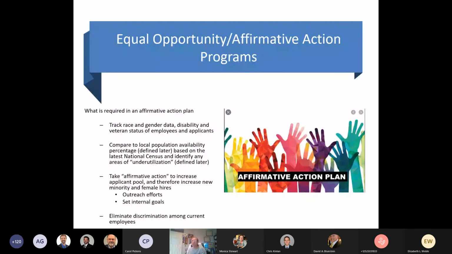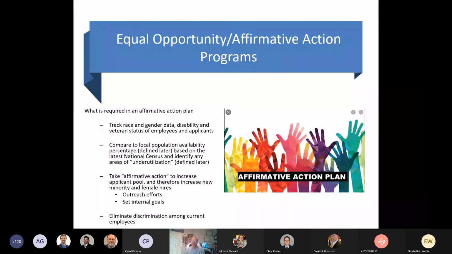And really what we're looking at is overt, black and white cases where it's pretty obvious. The bigger issue is the systemic, unprovable types of discrimination that really only manifest themselves when you look at the data. Okay, so that's what the AAP helps us do.